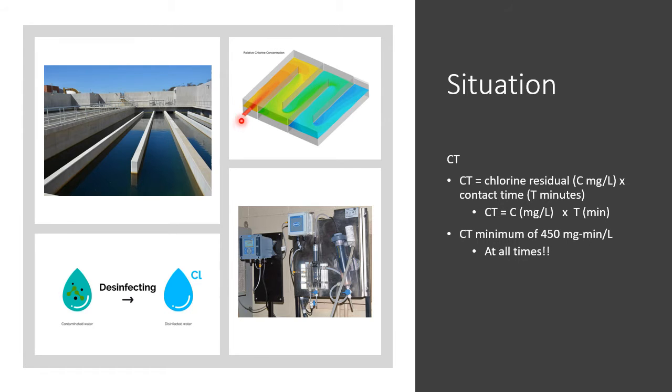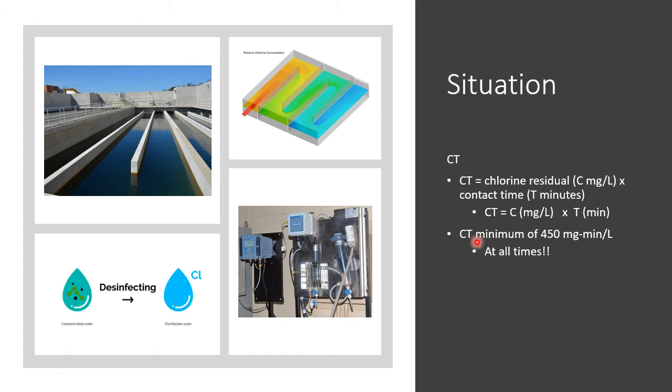So here's a picture. At the very beginning in red, we have a large dose of chlorine, liquid chlorine like bleach, into the channel, and as it travels down, the residual or the bleach is getting used up, so there's less of it at the very back end. According to the state, we have to maintain a certain CT, and this value is calculated by chlorine residual multiplied by how long the water is in contact with the chlorine residual, so the contact time.